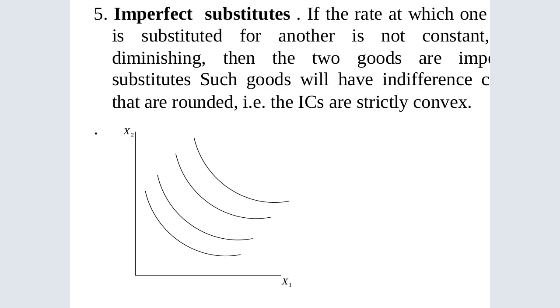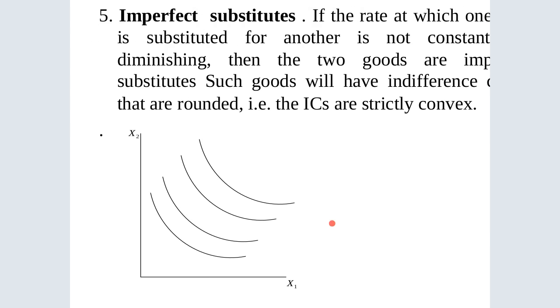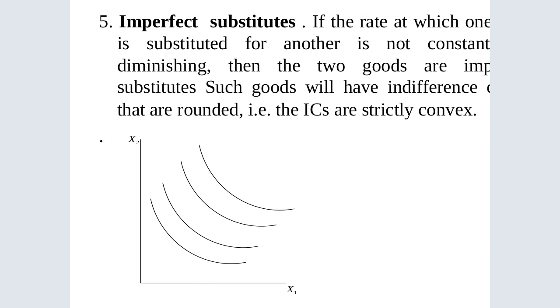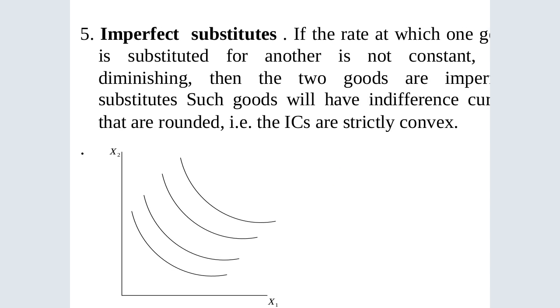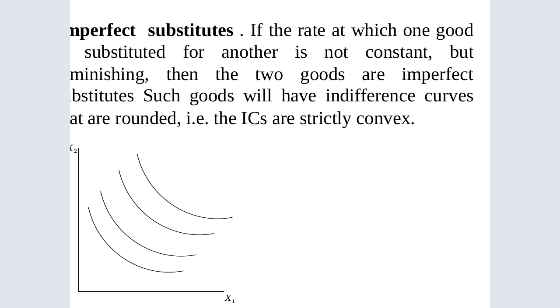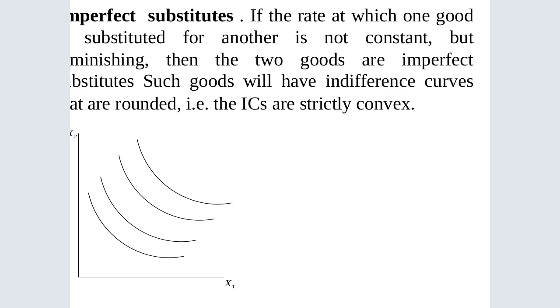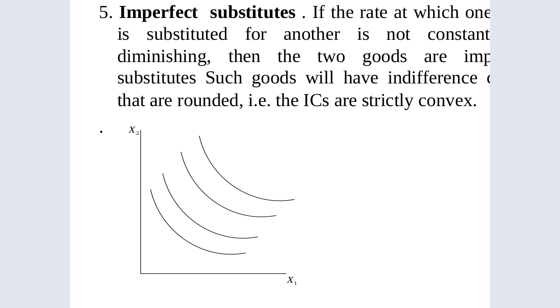And that is the indifference curves for imperfect substitutes. So for example, if you substitute x1 for x2, and the rate at which you substitute x1 for x2 changes along the indifference curves, it will give you a curve that slopes downwards. So that simply means the rate at which you are substituting one good for the other is diminishing.